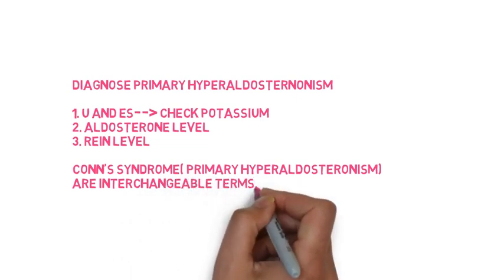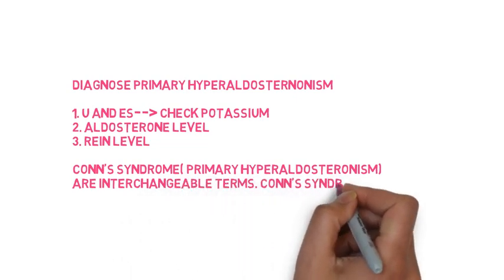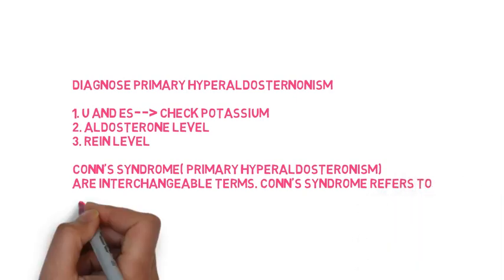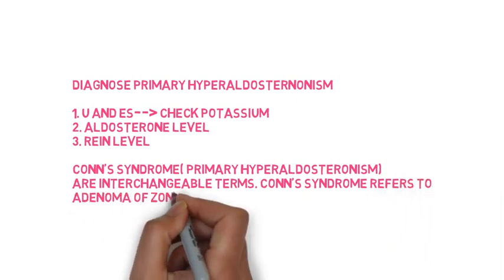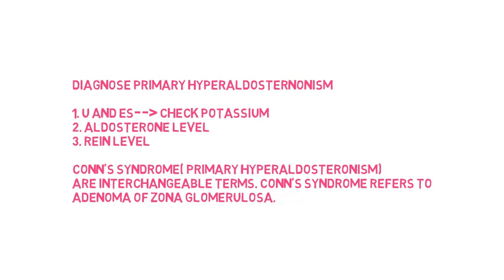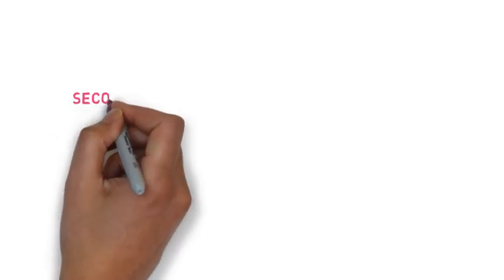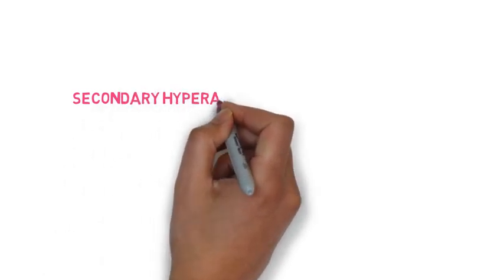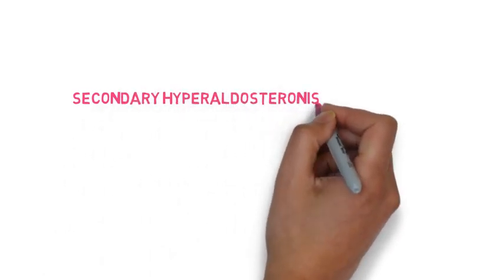So renin is produced normally if there's low blood volume, but in this scenario we're going to have high blood volume due to the water and the sodium retention. So we would expect the renin to be low in hyperaldosteronism.